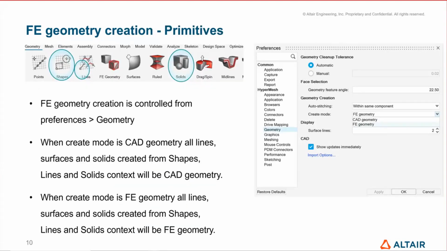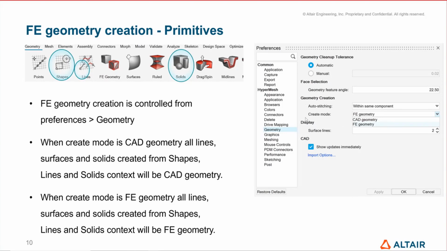Going ahead, these are other contexts from where you can create FE geometry: creation of FE geometry on primitives, so basically surfaces, lines, and solids. To create FE geometry from each of these contexts, the preferences must be changed.